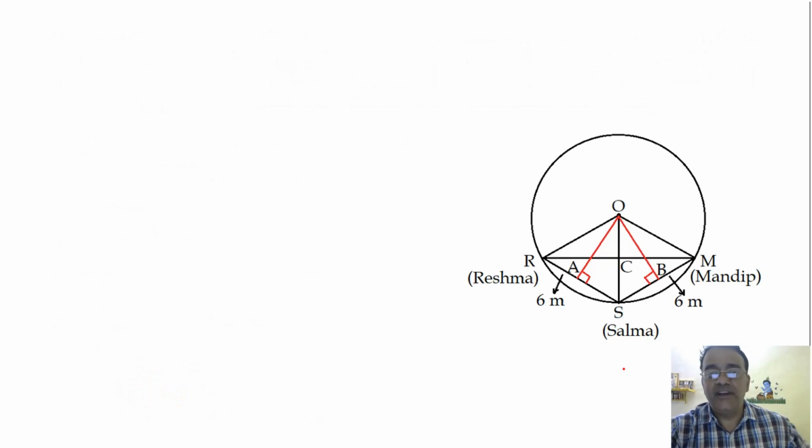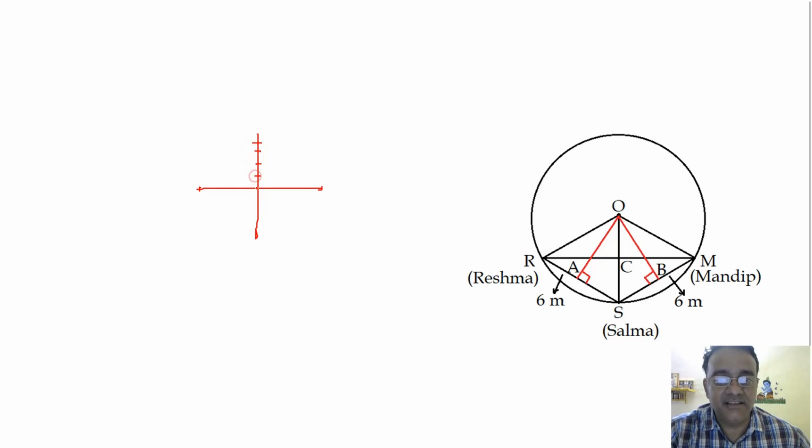Okay. Now one very important property is there. Listen carefully. This is a line segment, and if we draw the perpendicular bisector of this line segment, any point you take on the perpendicular bisector will be equidistant from the end points of the line segment. You take any point, anywhere, this will be equidistant.